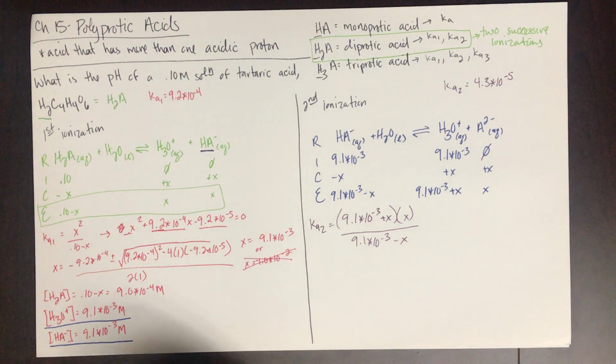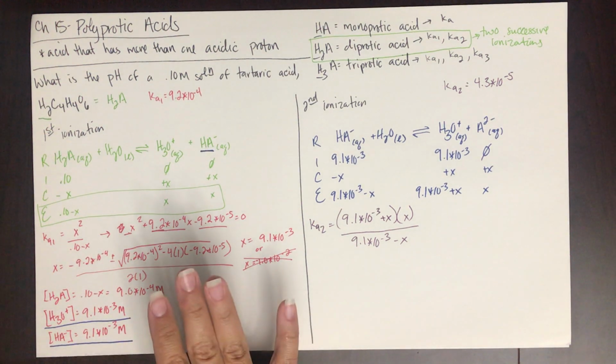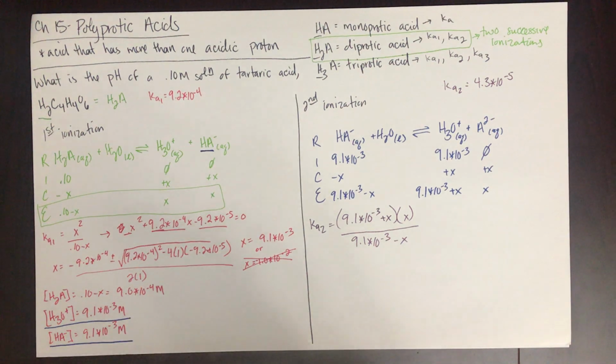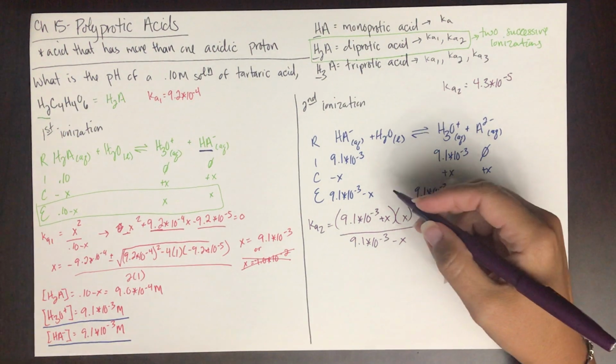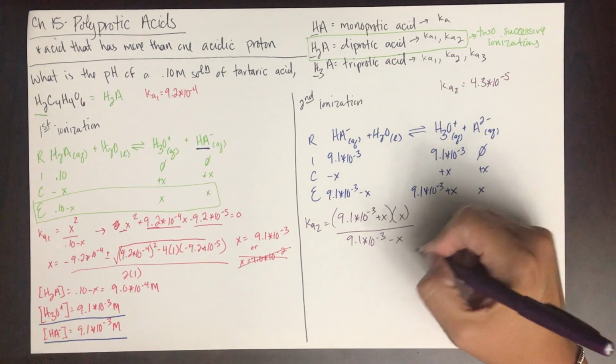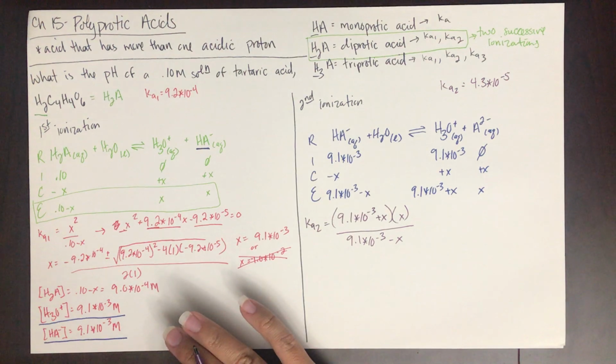So now I can assume that x is negligible, which I don't even really need to do because this minus x and plus x is just going to factor out.